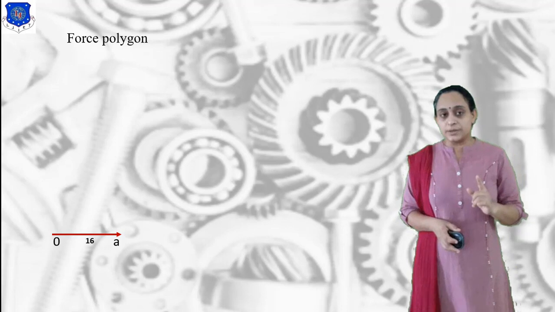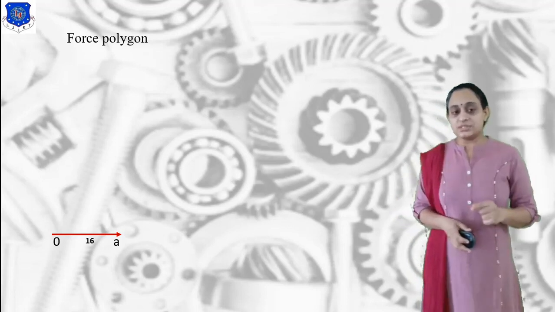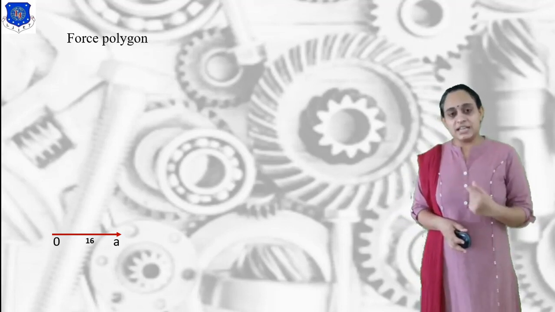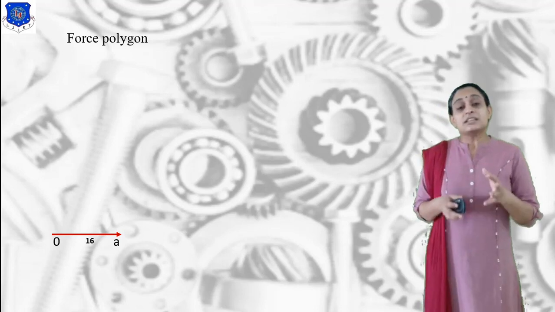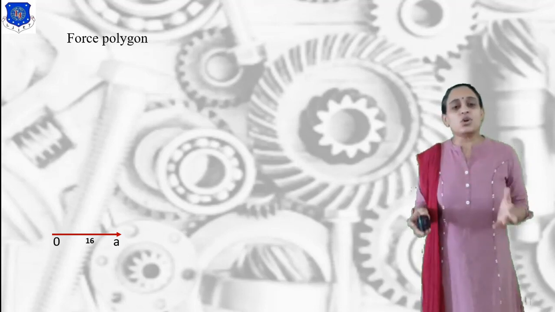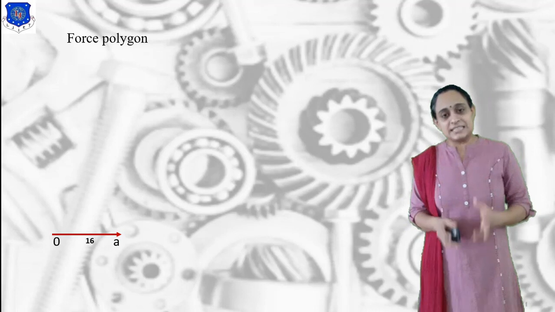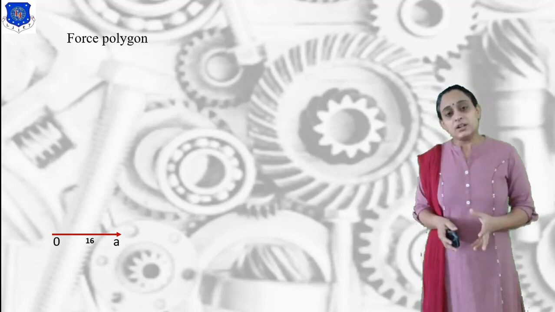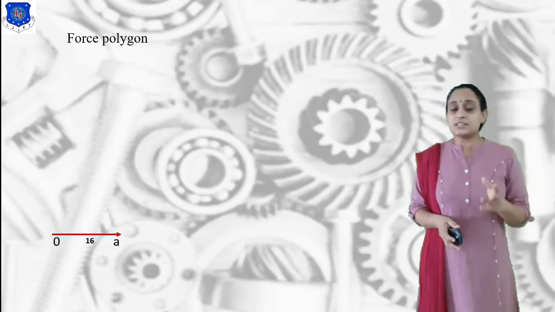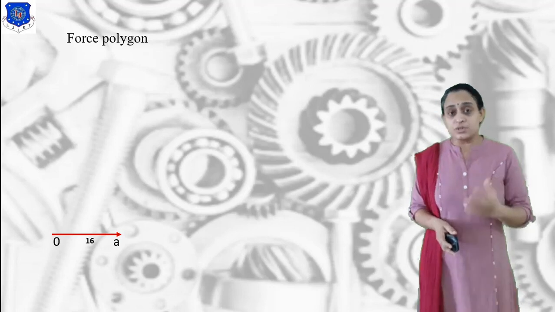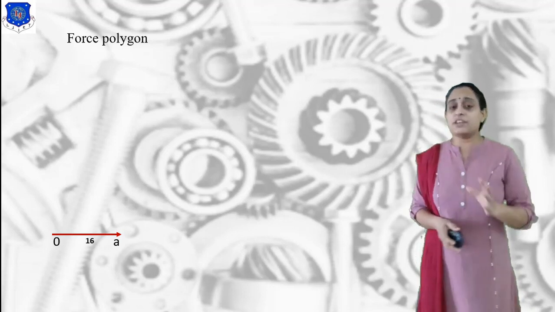force values only. Okay. So let us have force A having 16 kg meter value. Now 16 centimeter we cannot draw on the paper. So that by this thing we have to take a scale. Okay, you have to take a scale according to yourself. You can choose any scale, whatever you like.